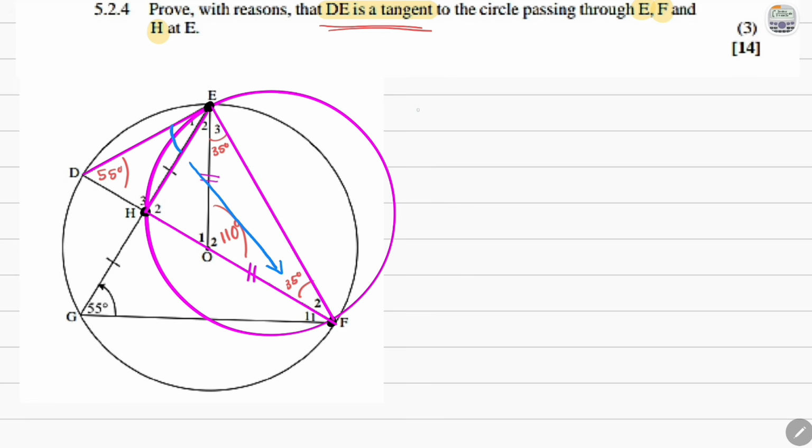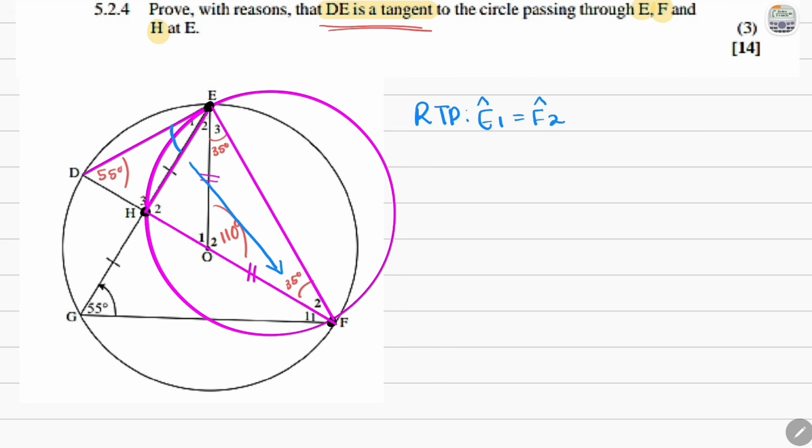In other words, what we are required to prove is that angle E1, that little angle over there, is equal to angle F2. Now, the good news is we already have angle F2. We know that it's 35 degrees. So all we need to find is the size of angle E1. And if E1 is eventually equal to 35 degrees, then it would be proving this theorem, meaning this is definitely a tangent. Okay, let's go.